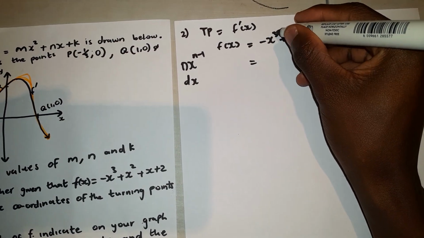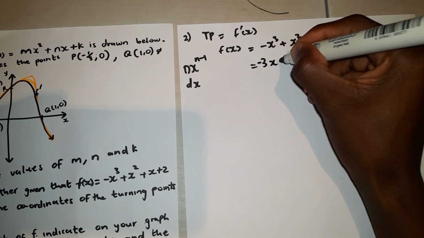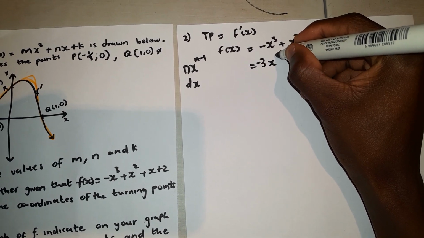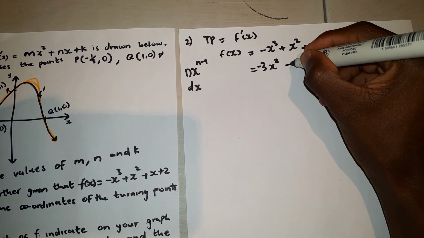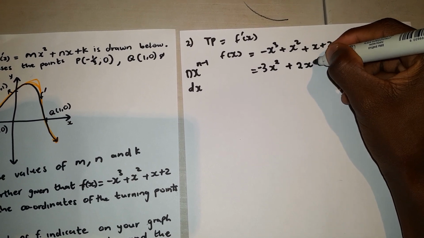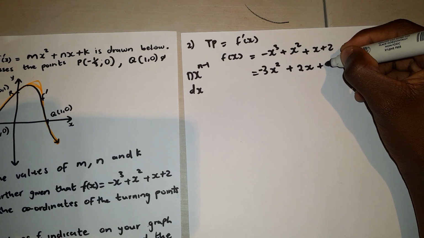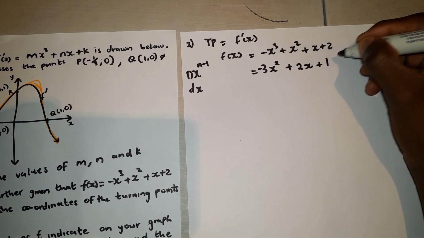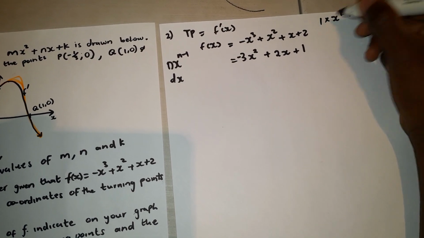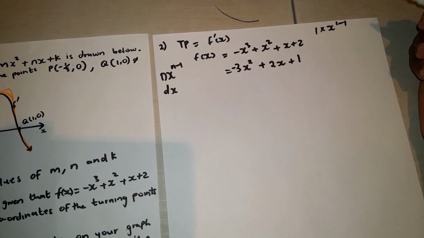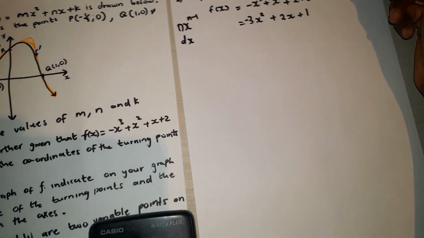So it's negative 3x to the power 2, because it's 3 minus 1, plus 2x, and it's 1, 2 minus 1, it will give us 1, plus 1, because we know it will be like this, which will just give us x to the power 0, which is 1, just like that.